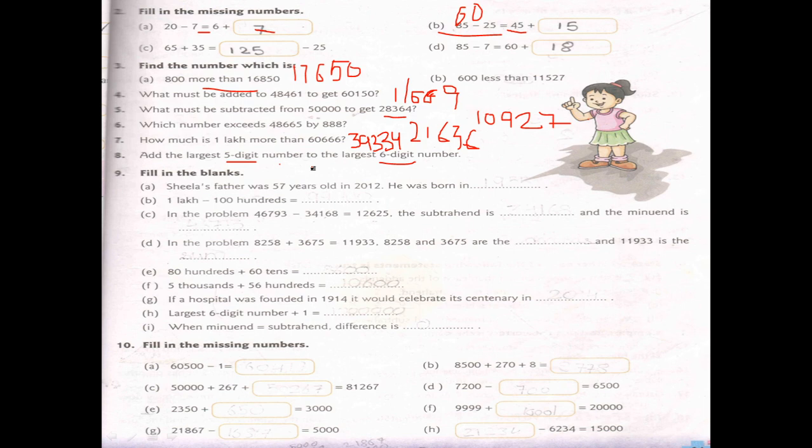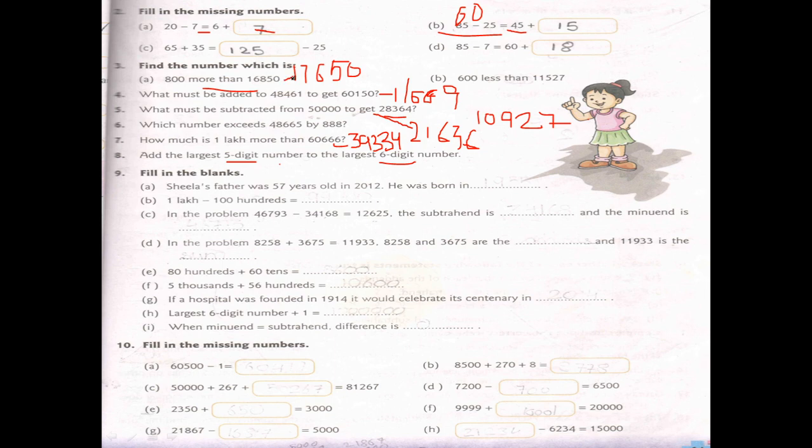Question number 9. Fill in the blanks. A. Sheila's father is 57 years old in 2012. He was born in. So, at present, Sheila's father is 57 years old. So, when he was born, subtract 2012 minus 57.